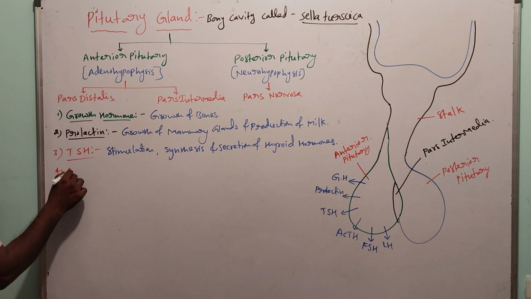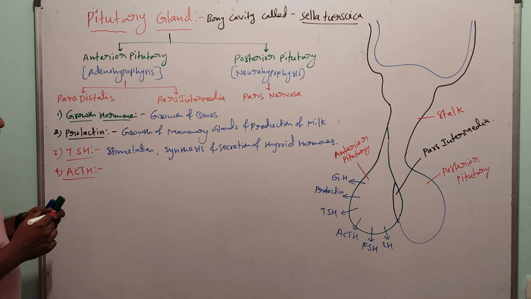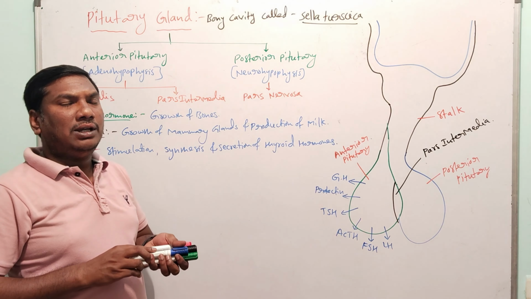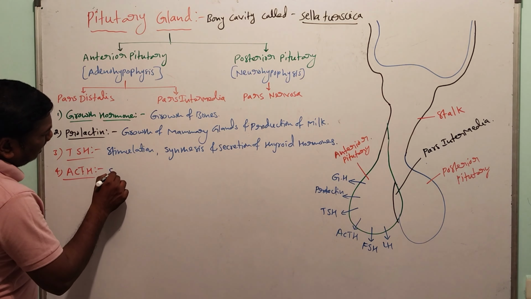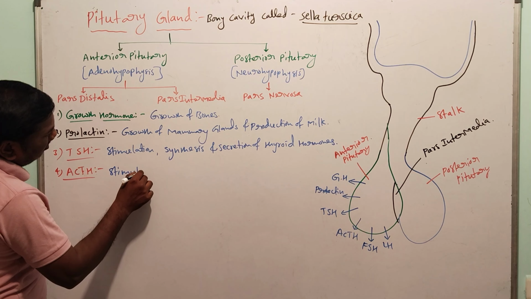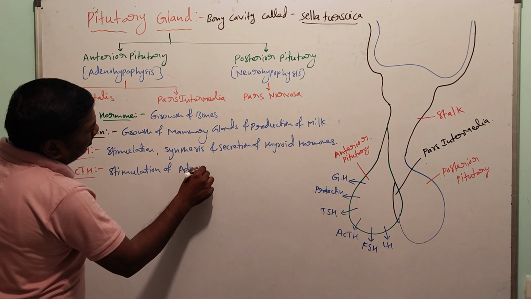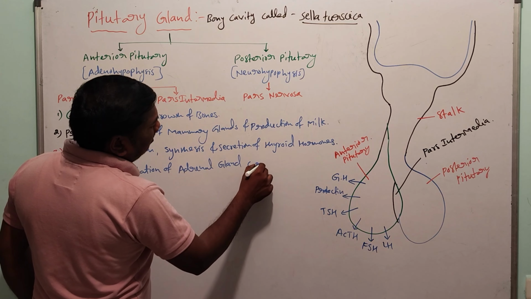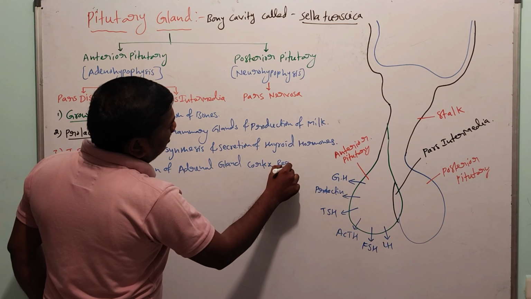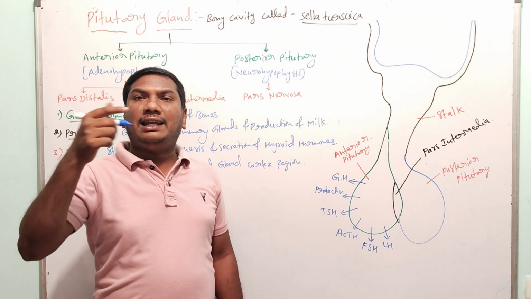Next one, fourth one is the ACTH, adrenocorticotropic hormone. This ACTH hormone stimulates the adrenal gland cortex region. The adrenal gland contains two regions, the outer cortex region and the inner medulla region.